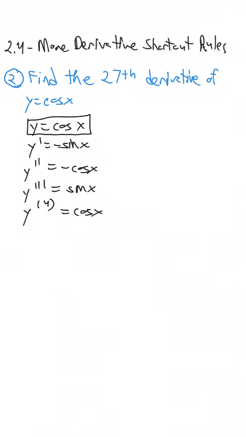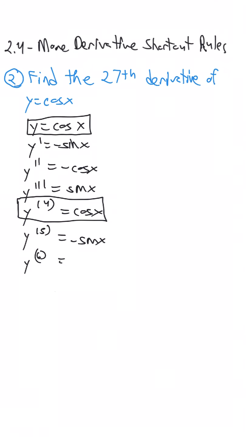The original function and its fourth derivative are the same function. So the cycle is going to repeat right after that, right? What if I went to y fifth of x? I'm going to get negative sine of x. Sixth derivative, negative cosine of x. Seventh derivative, sine of x. And then what do you see again when you hit the eighth derivative? You're back to cosine of x again.